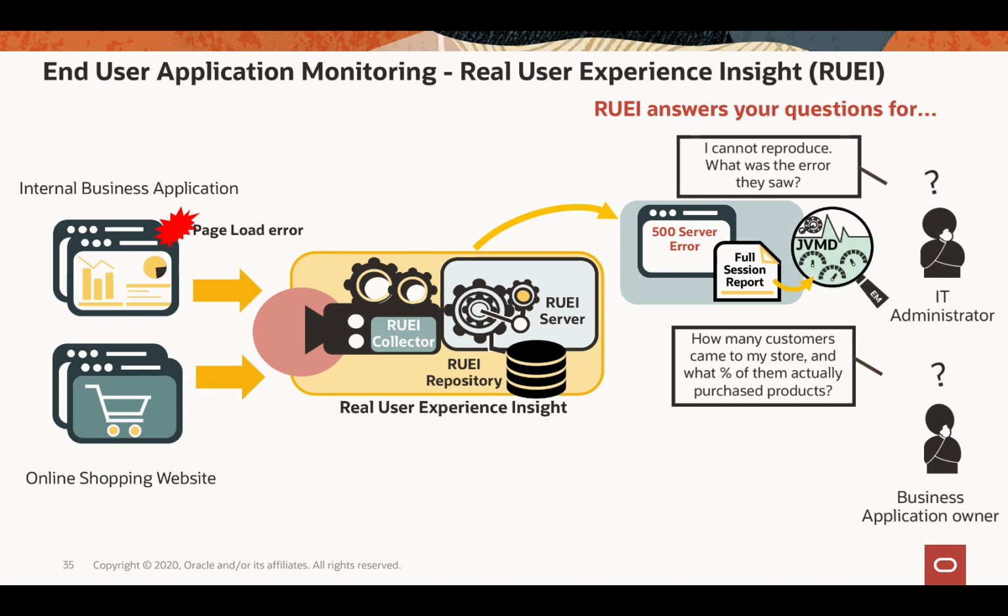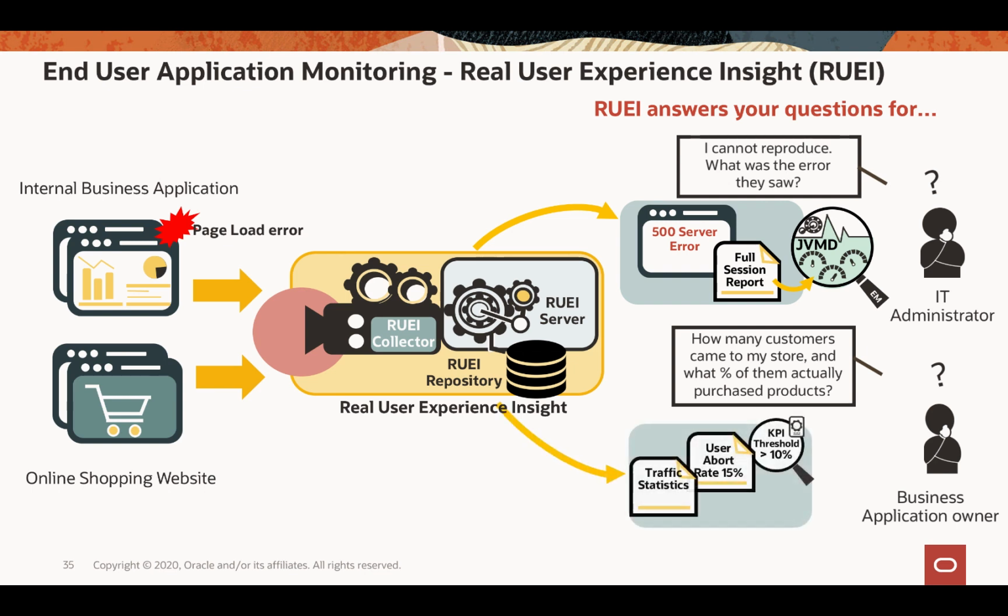He can further diagnose the issue using the JVM Diagnostics feature in Enterprise Manager and drill down to the root cause. And the business application owner can see the traffic statistics, and based on the KPI threshold, he can raise an alert and receive email notification. So this is a high-level introduction on what questions RUEI can answer.